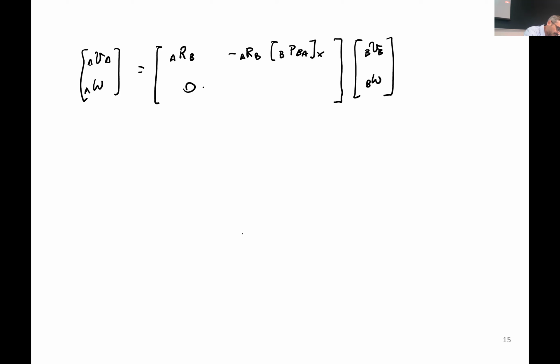And here we have just the rotation matrix for omega. And we call this transformation H.